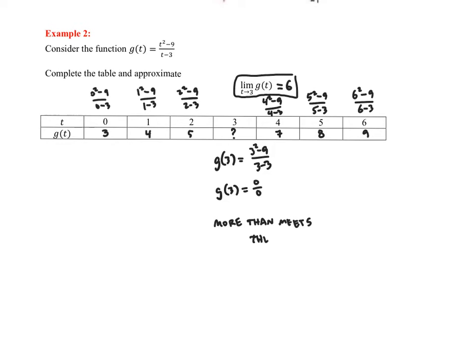Okay, so that is an indicator that you got more work you need to do. However, you should be able to see that when we calculate this limit from the left and the limit from the right, it makes sense that the function is approaching 6 from both sides. Okay, let's look at some more examples.